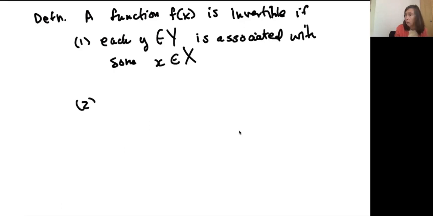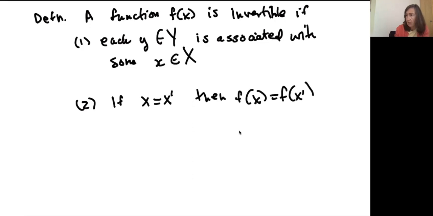And two, it gives you only one answer. So let me write that up in a nice compact way. If x equals x prime, then f of x equals f of x prime.